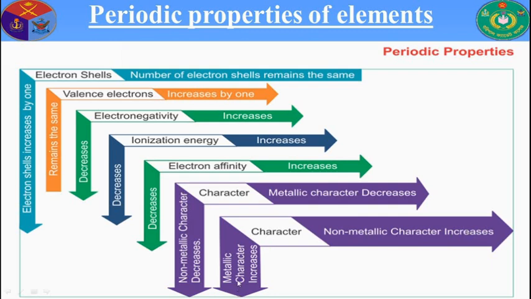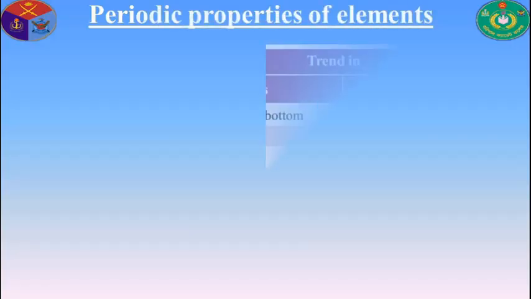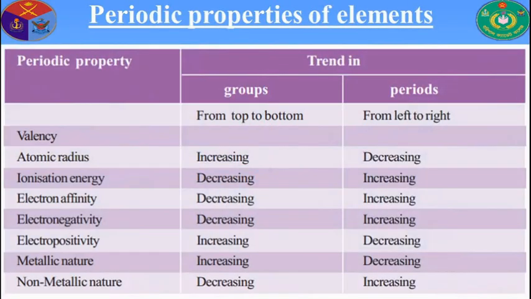The non-metallic character decreases from top to bottom, and the metallic character increases from top to bottom in any group of the periodic table. This is another chart from where you can learn all the periodic properties concisely.